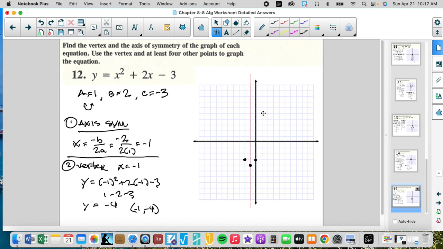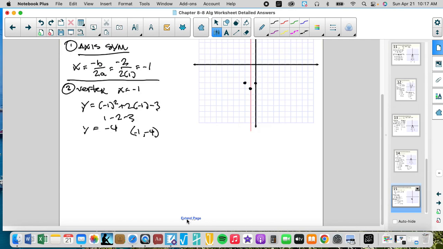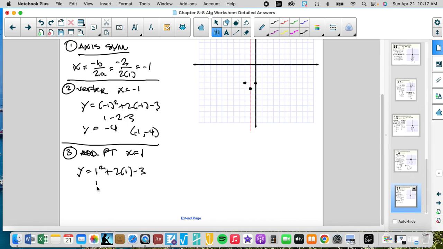And now I'm going to find an additional point. Let's plug in 1, because that just makes sense. Additional point. So where x equals 1, labeling and writing is always good. So 1 squared plus 2 times 1 minus 3 is 1 plus 2 minus 3 is 0.